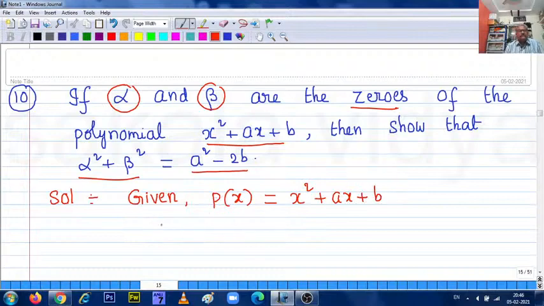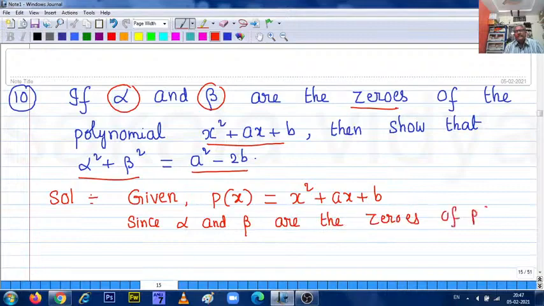Now, since alpha and beta are the zeros of p of x, first the sum of the zeros we can find out. Sum equals alpha plus beta. Alpha plus beta means minus b by a.